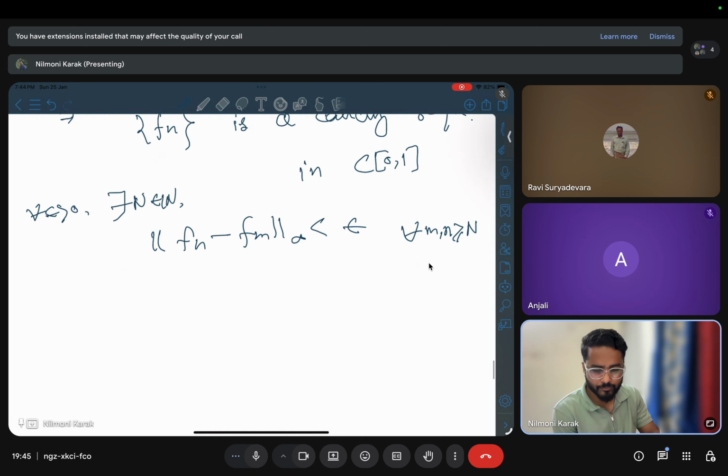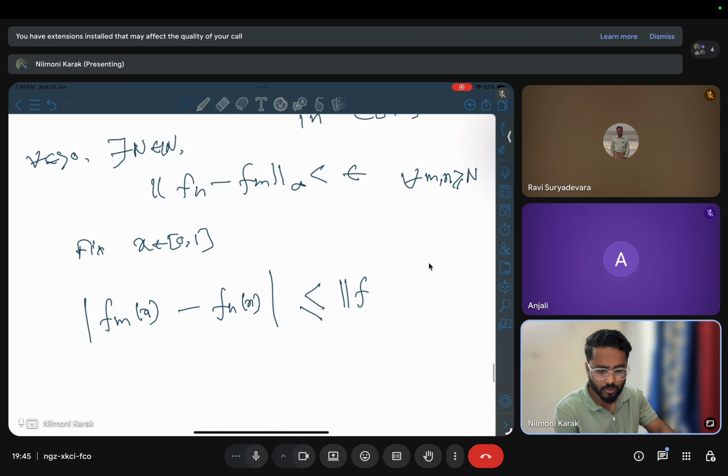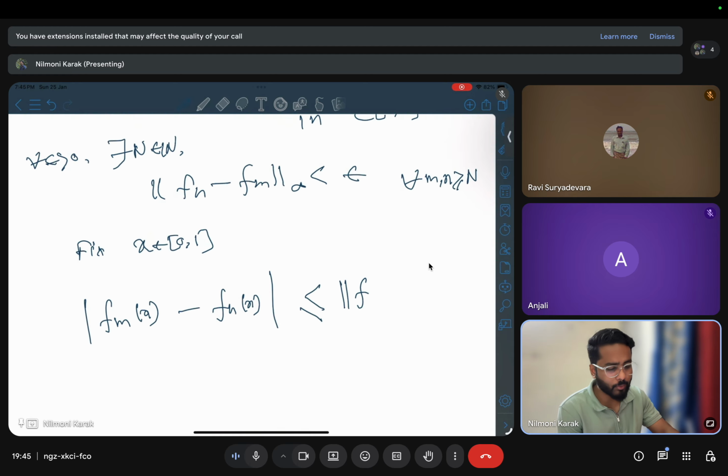And from here, what you will get is pointwise convergence of f_n(x). So just fix x in [0,1], so |f_m(x) - f_n(x)|, this is at most this norm, because this is the supremum norm, right?